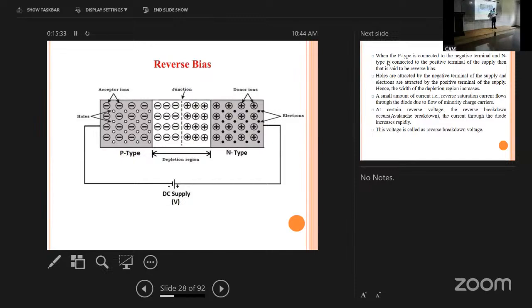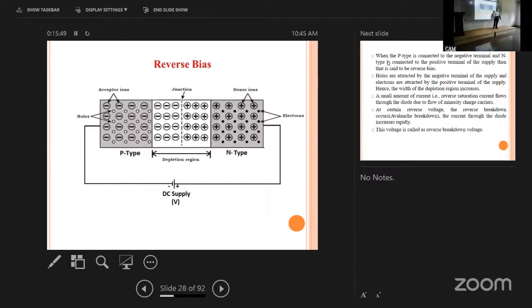Now these holes are moving here and electrons are moving here. There is no continuous supply, there is a huge gap between them. So there is an increase of the depletion region.